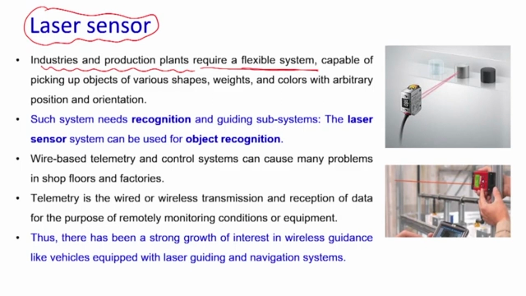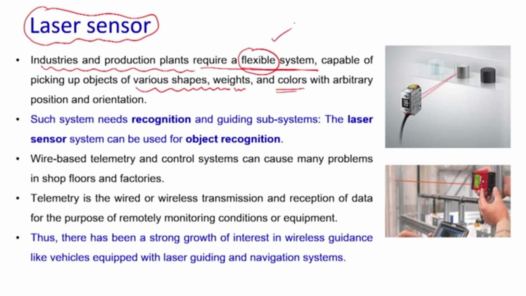So we have to produce the products in batches and there has to be some sort of flexibility in our manufacturing unit as well to respond to changes in the size of the product. To incorporate the flexibility in the system, we manufacture parts of various shapes, weights and colors.